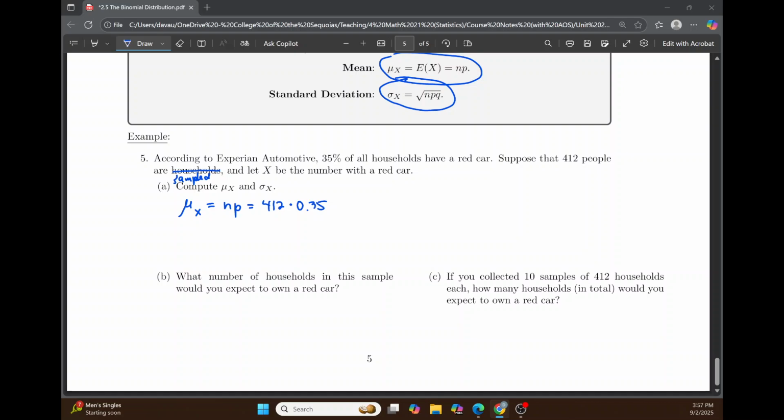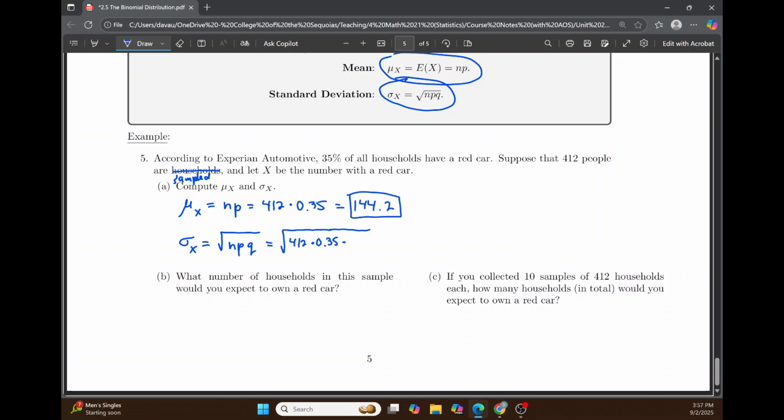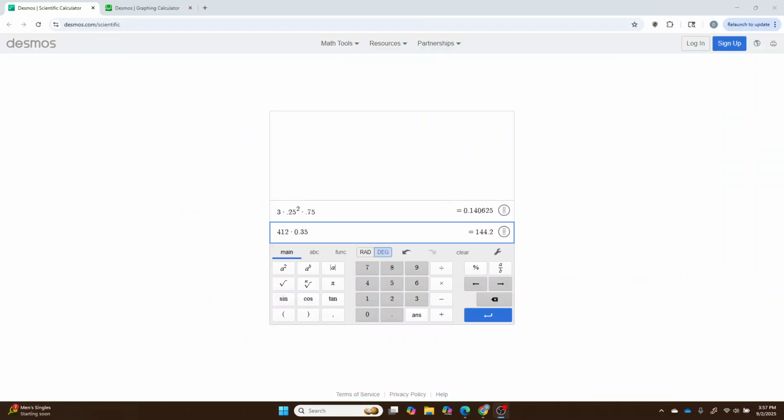The standard deviation of our distribution is going to be the square root of n times p times q. So that's going to be the square root of 412 times 0.35 times q. Okay, well, q, remember, q is 1 minus p. So, since p is 0.35, q would be 1 minus 0.35, or in other words, 0.65.